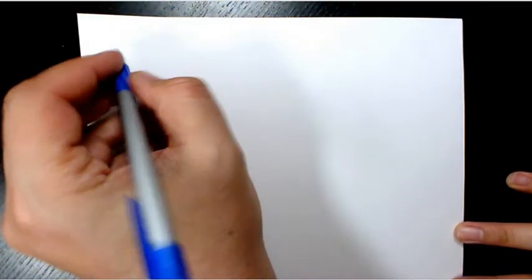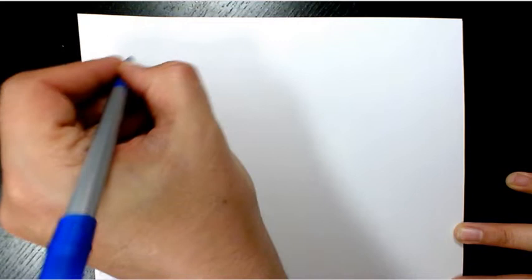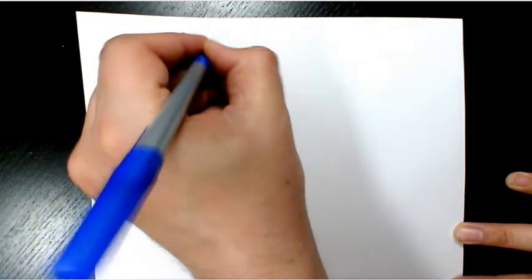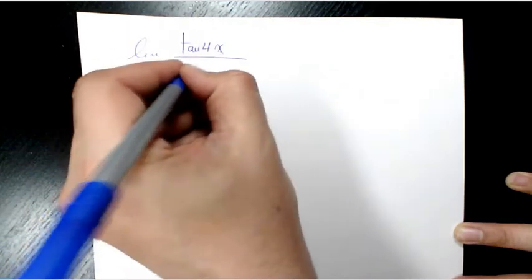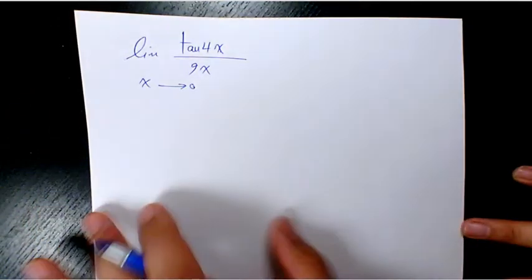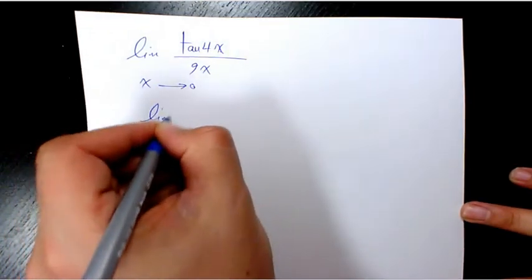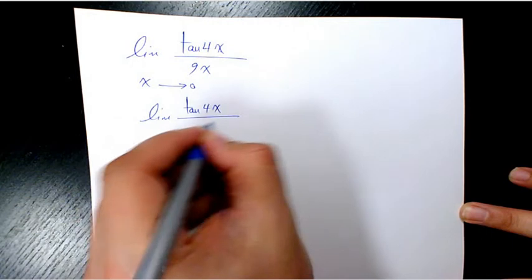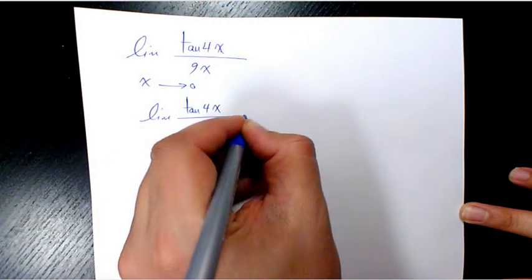Next example is the limit of tan 4x over 9x when x is approaching 0. How to deal with this one? It's going to be the limit of tan 4x over 9x.